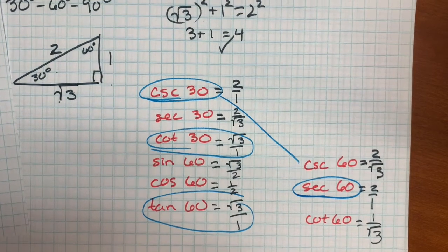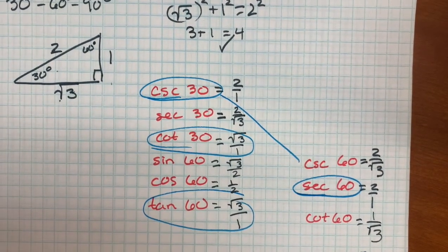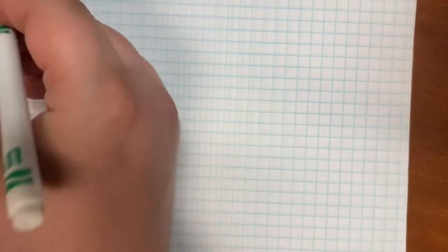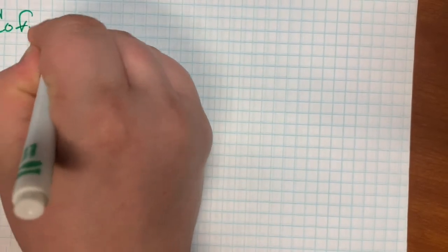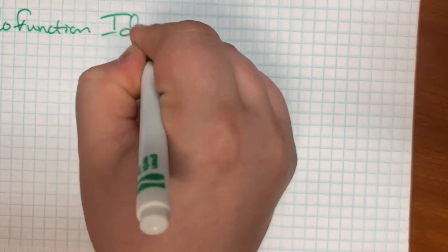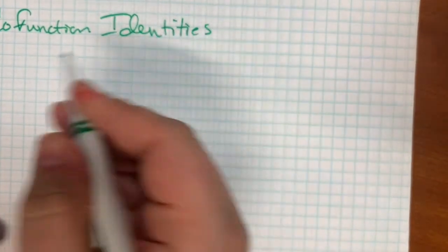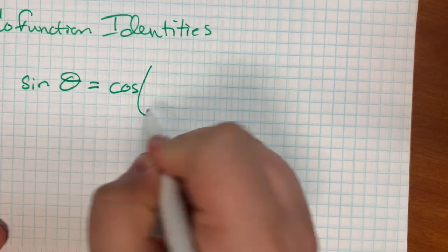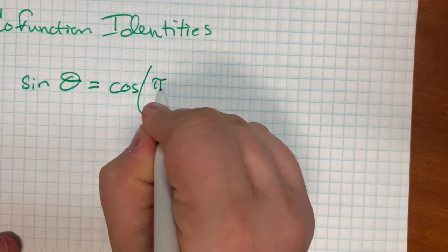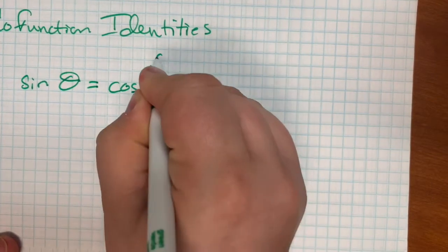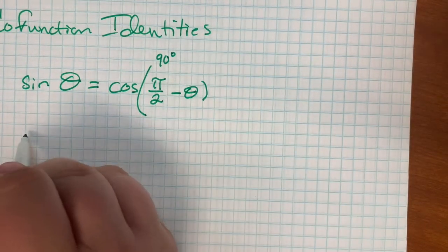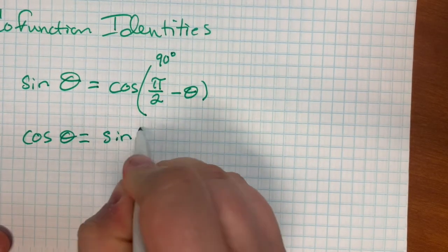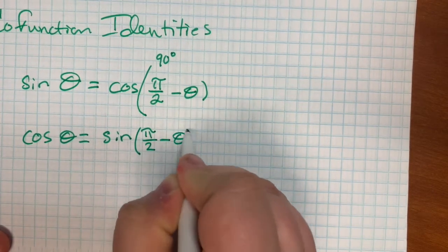And these relationships actually give rise to what are called the co-function identities. Sine of theta is the same as cosine of 90 degrees, or pi over 2, minus theta. Cosine of theta is sine of pi over 2 minus theta.